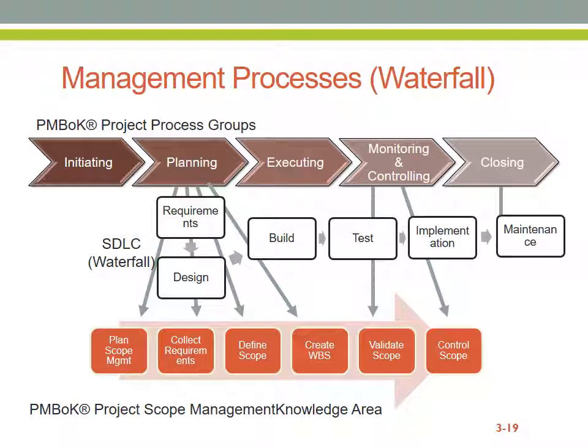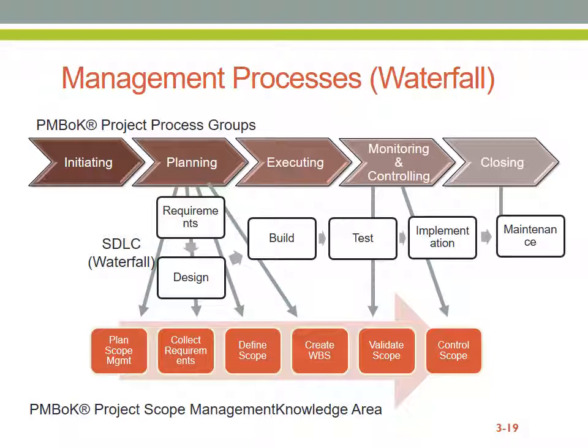Here we are looking at the project scope management knowledge area as defined by PMI and the PMBOK, and how these activities and these processes are distributed among the big process groups of initiating, planning, executing, monitoring, and controlling. And we're seeing here that scope management activities and then scope verification and controlling activities, those are the last two, really happen in the planning and in the monitoring and controlling phases.